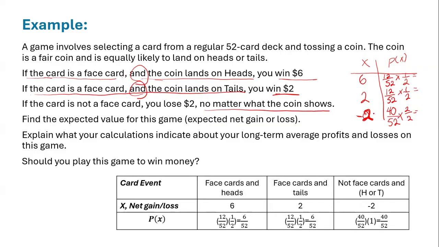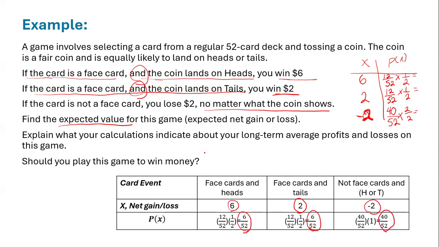Now, find the expected value. How do we find the expected value? We multiply each of the x values by its probability, and then add them together.